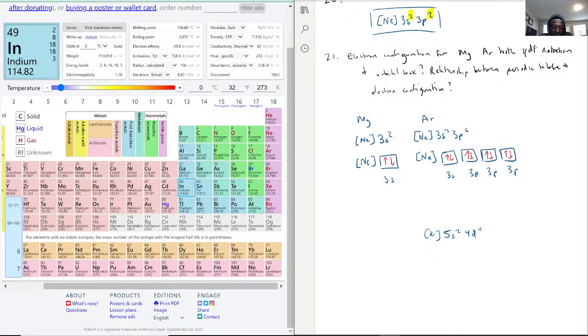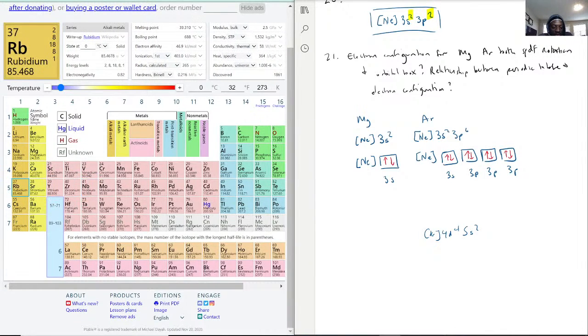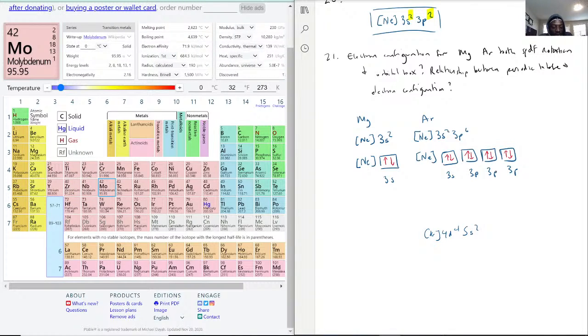If I wrote it like this, obviously this is the wrong way, because you want the 4 to come first and then the 5. So if we rewrote it as 4d4 5s2, what element am I talking about? It's going to be 1, 2, that's the 5s2 part, and then the 4d4 would be 1, 2, 3, 4. It'd be molybdenum.